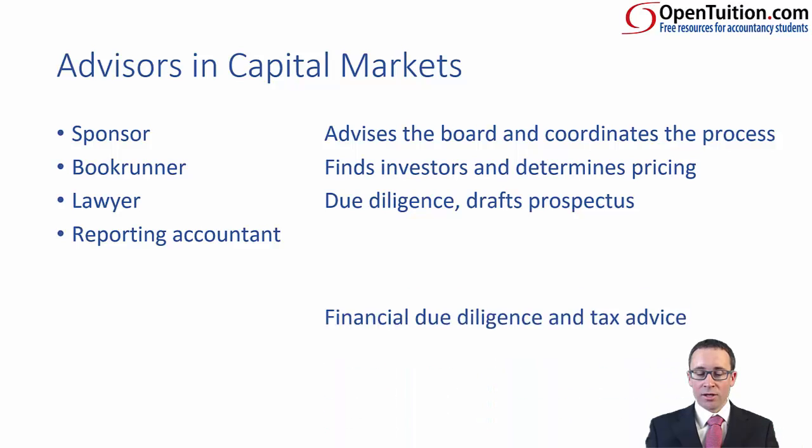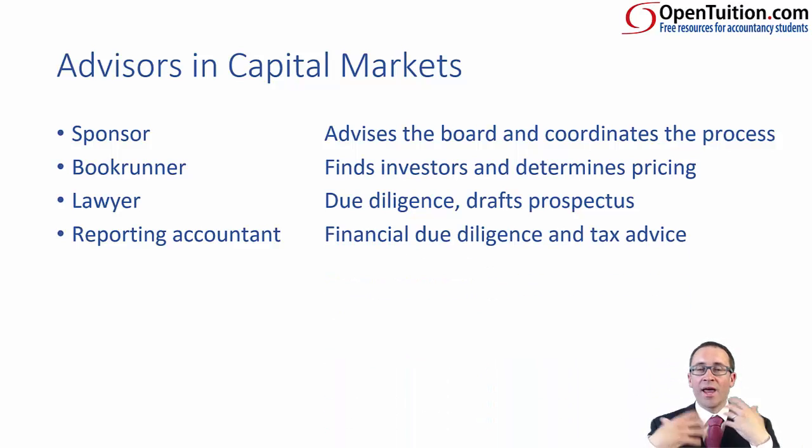So the lawyer does the legal due diligence, the reporting accountant does the financial due diligence, so looks at the most recent financial statements, checks that they are correct, maybe looks at budgets, looks at forecasts and checks that they are correct. Checks about maybe any outstanding liabilities, that none of them have been hidden, that the value of the assets are correct, just to make sure that everything about the company's books, its accounts, is valid.